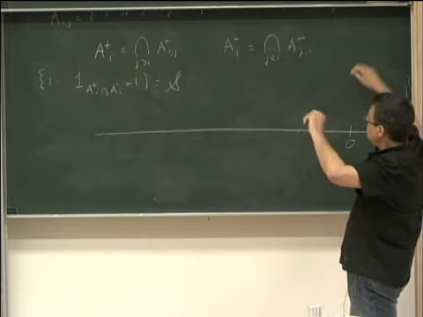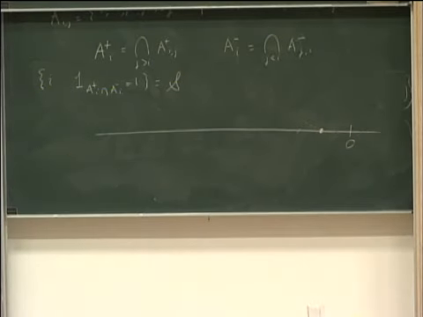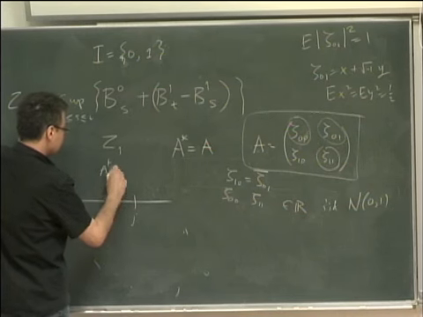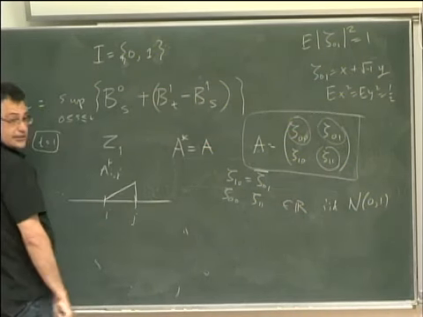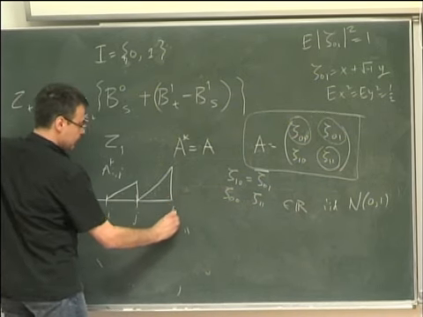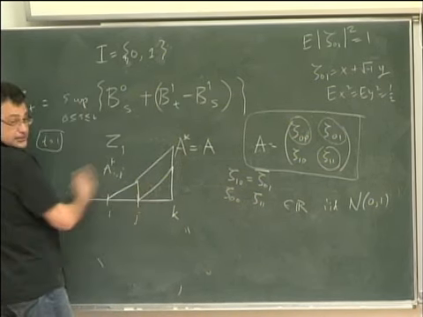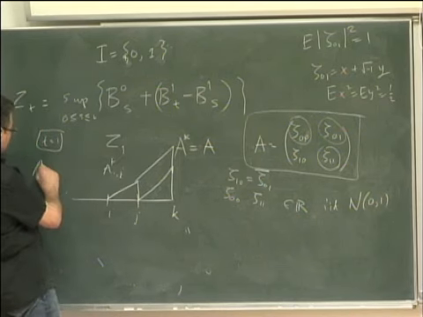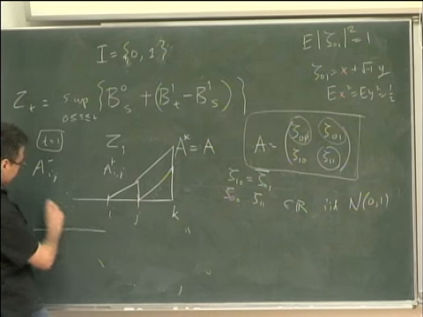Actually, let me represent the event A plus ij. I'm going to pictorially represent it like that. Why? Because if A plus ij and A plus jk, then A plus ik. It's just pictorial. And A minus ij, let's represent it like this.